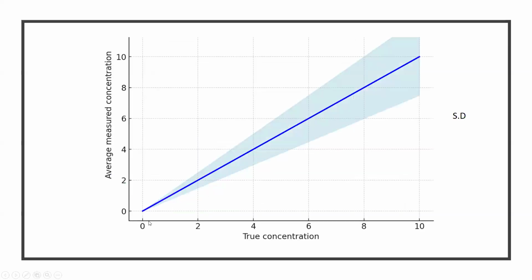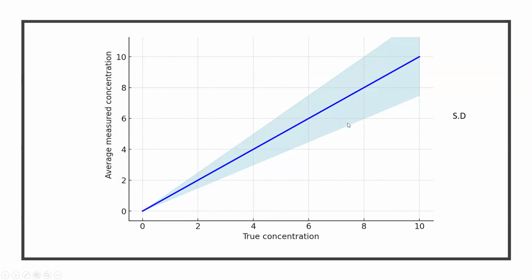Now, let's assume that we have an analytical platform where the average measured concentration runs at unity with the true concentration, suggesting that there's no bias in the method.